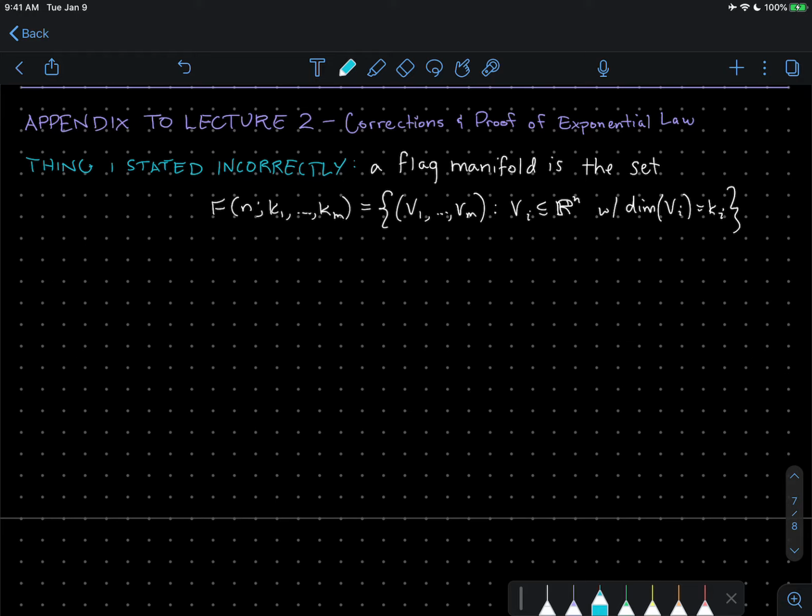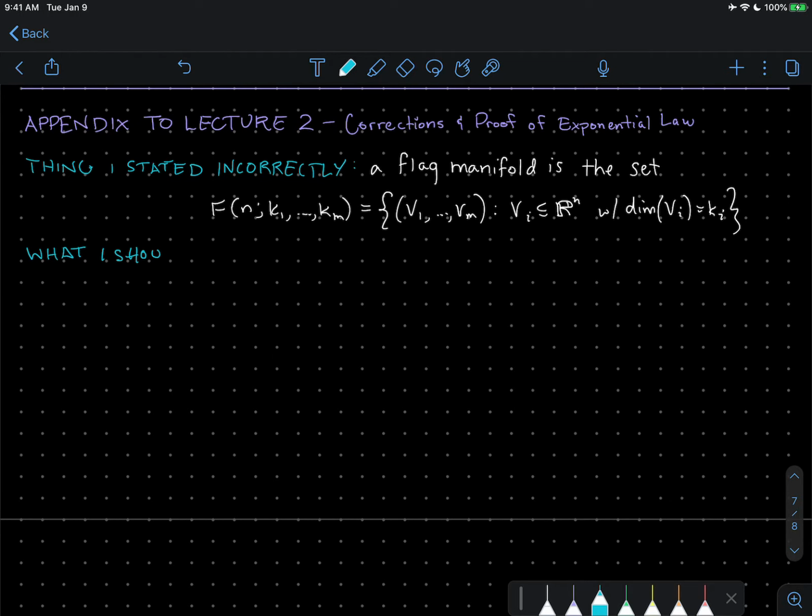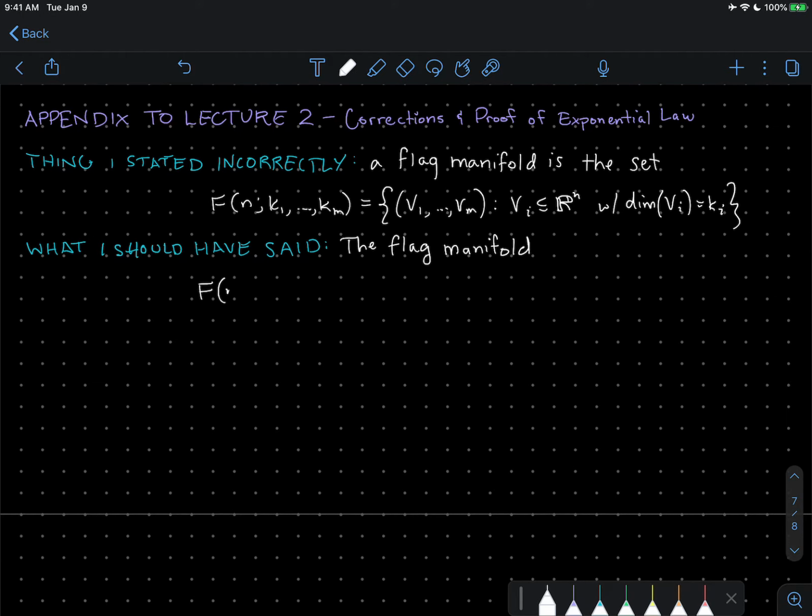What I should have said is that the flag manifold F(n: k1 up through km) is the set of subspaces V1 through Vm such that each Vi is a subspace of Rn.